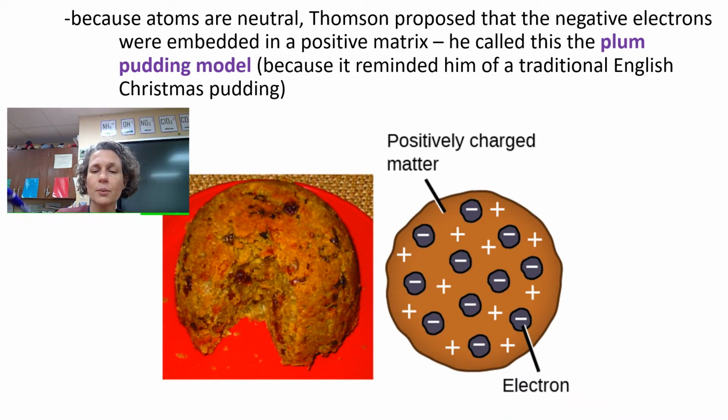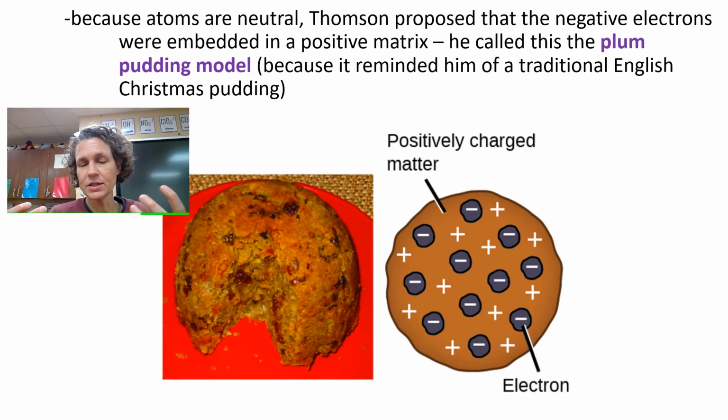Okay, so now our friend JJ said that we know atoms are neutral because they're not attracted either way until you energize them, until we can really watch them. So he said that these negative electrons, he also called them corpuscles probably, were embedded in a positive matrix. And he famously called this the plum pudding model, because it reminded him of this traditional Christmas pudding.